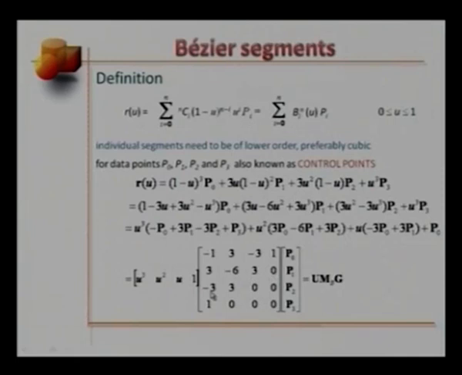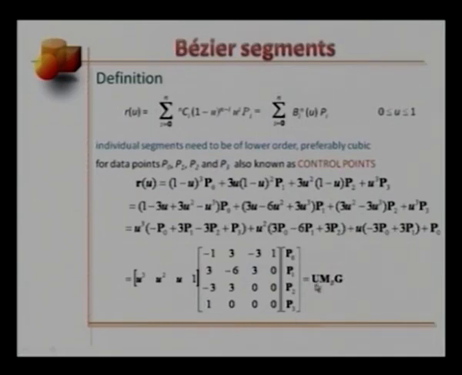For the third row, we have minus 3, 3, 0, 0, and 1, 0, 0, 0. This here is a 4 by 3 geometric matrix, P0, P1, P2, and P3, constituted of the data points that a designer has specified. This is a very similar expression to what we see in the case of cubic Ferguson curves.